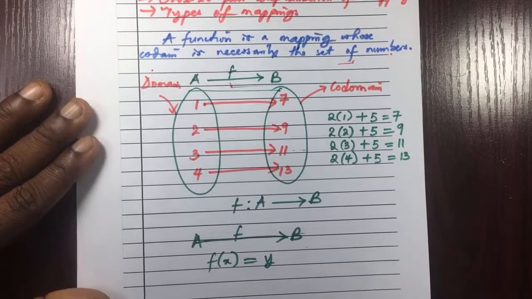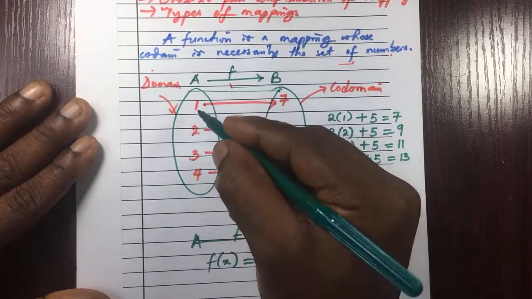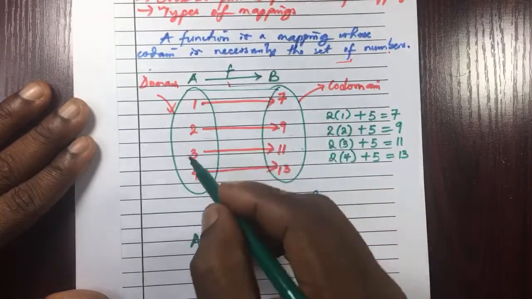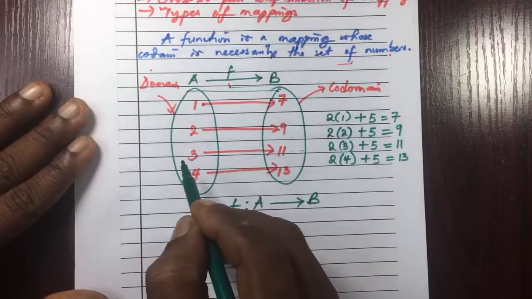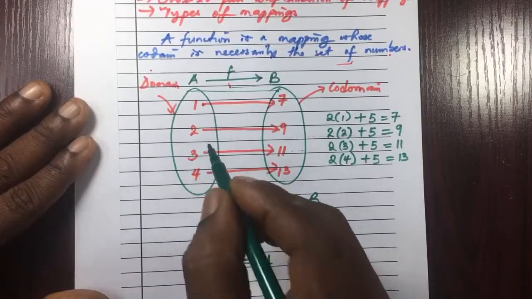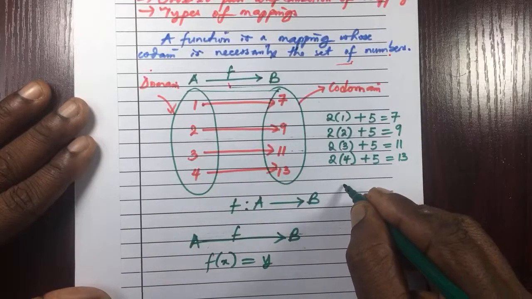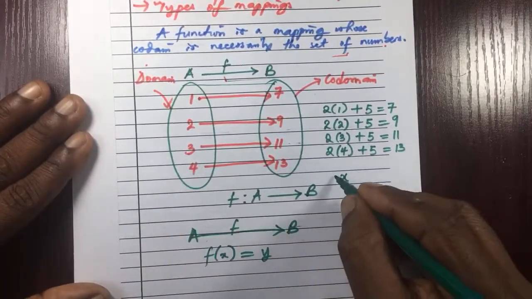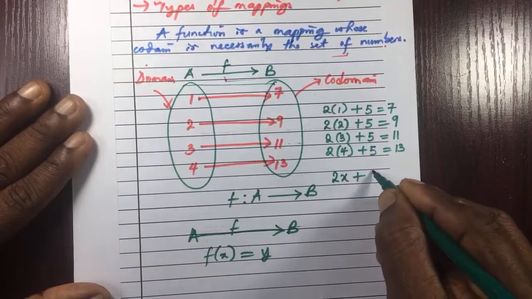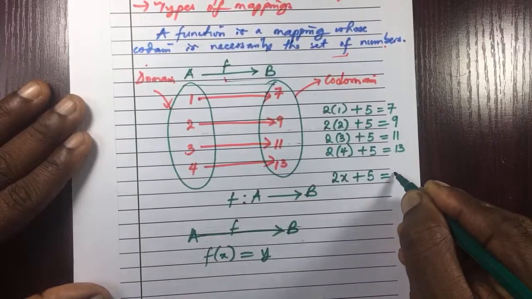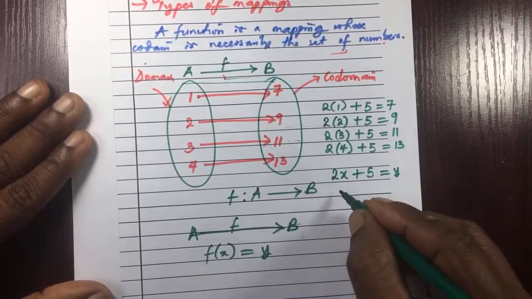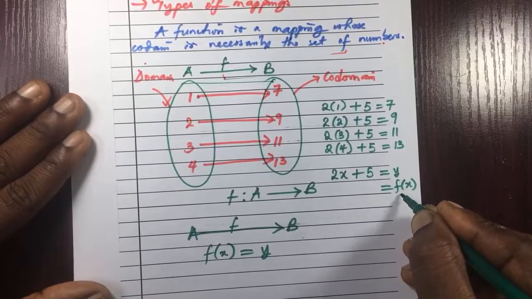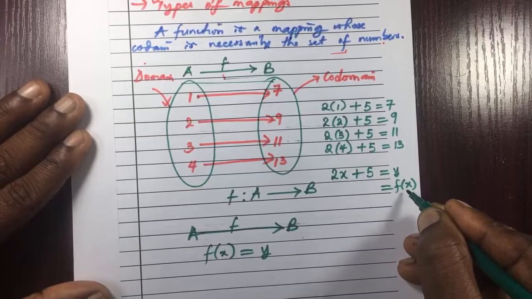Now, if you pick a general element, let's say we use small letter x to represent any random element from this domain, and multiply it by 2 and add 5, it will give us a value y. And what is the value y? The value y is f of x. It is a function of an element in the domain.